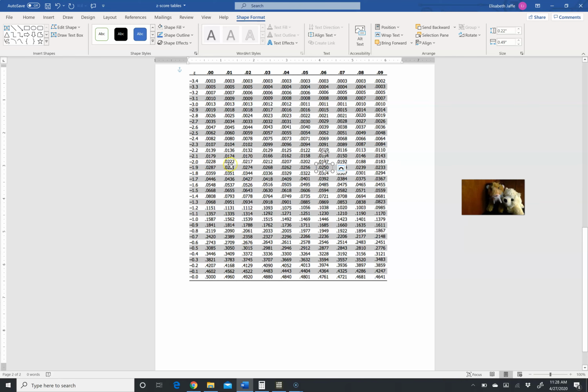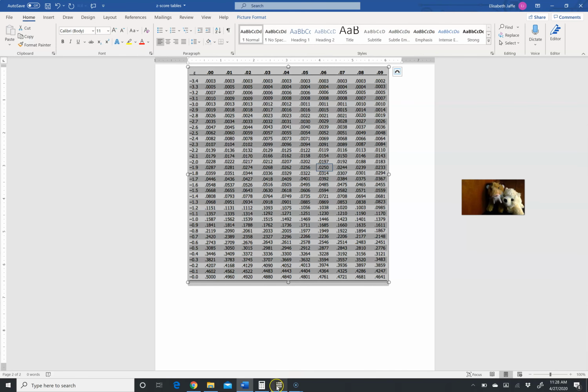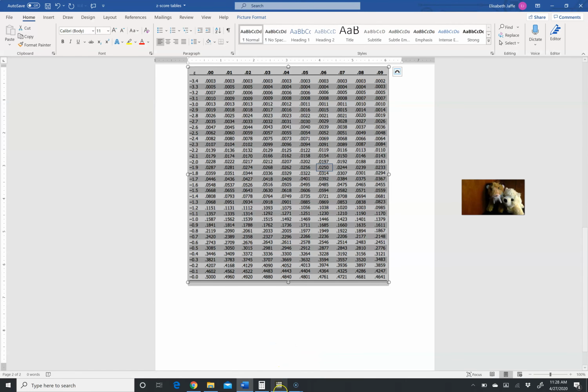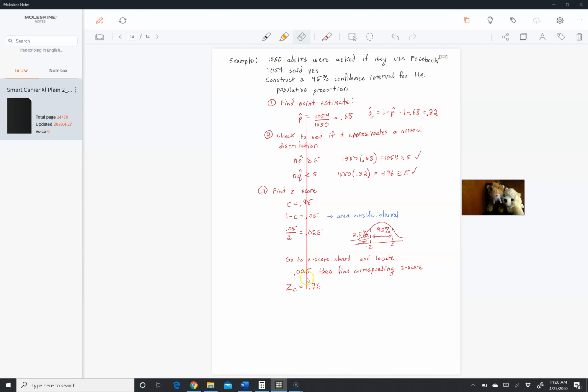That gives us negative 1.96. Remember, we just want the z, so we take the positive. So our z is equal to 1.96. We ignore the negative and only take the positive value. Okay, z is equal to 1.96.